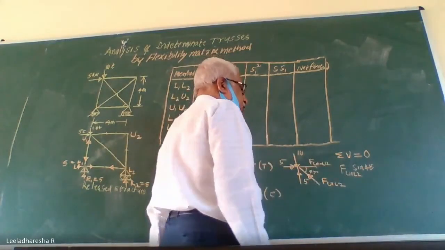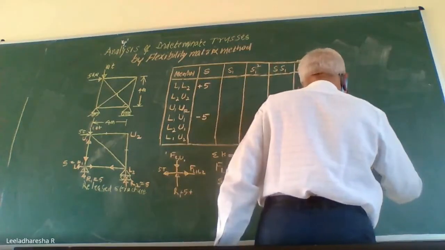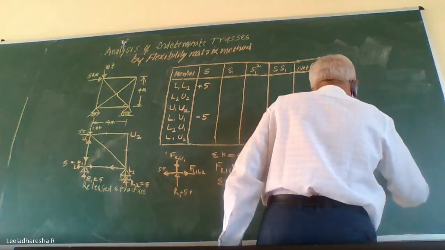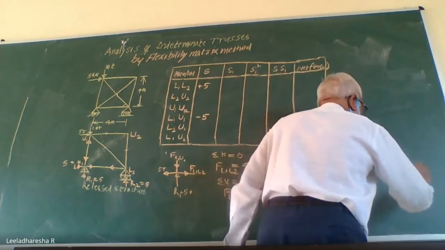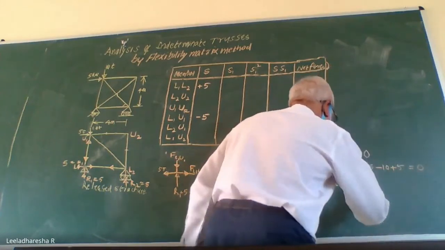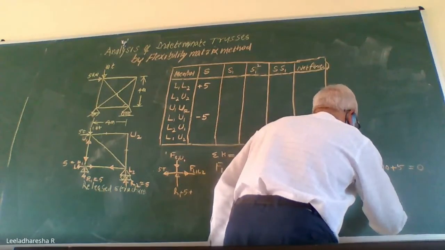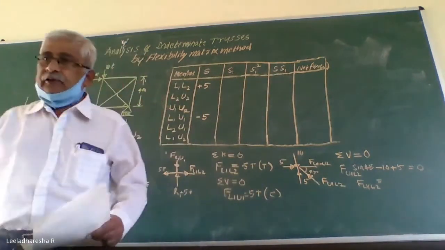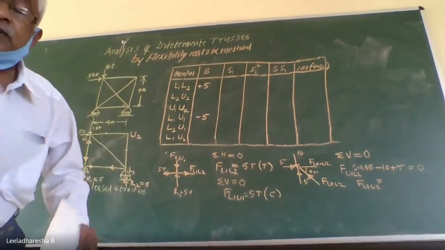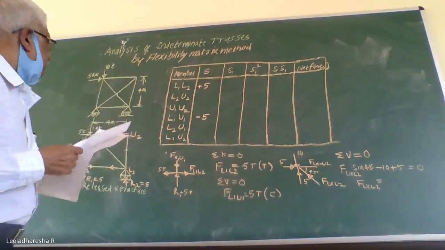F U1 L2 sine of 45 minus 10 plus 5. This force must be equal to 0. So from this determine F U1 L2. So you are going to get F U1 L2 as equal to 7.07.